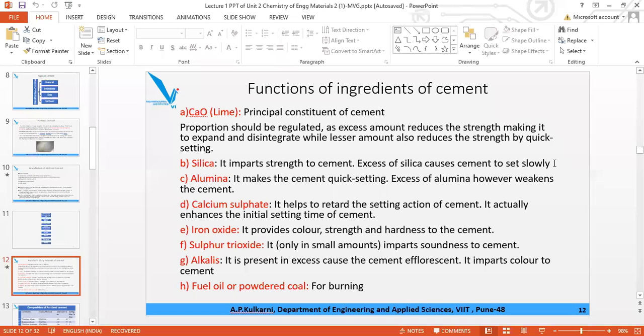Sometimes it remains a thin paste and then immediately turns to a thick paste, like a stone. That process is called setting. So silica is used for the strength of the cement, but if it is in excess, then it sets slowly.